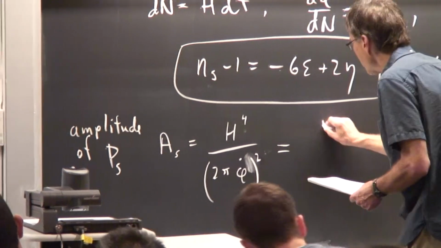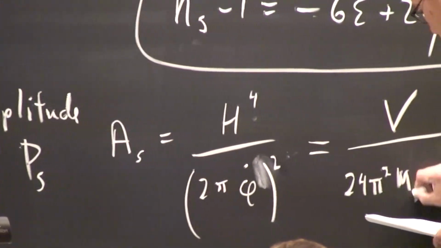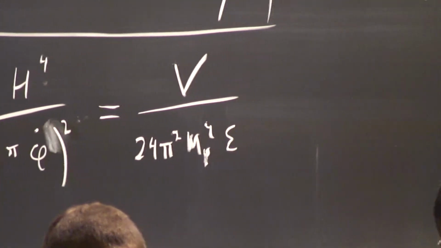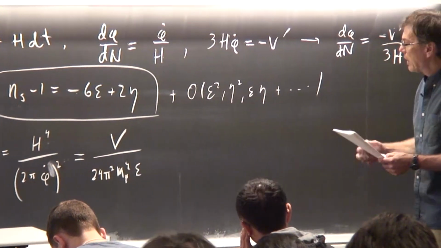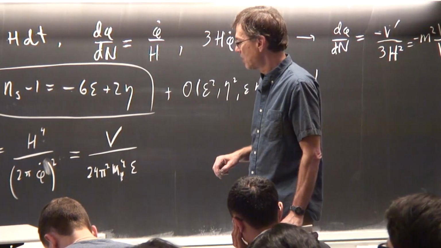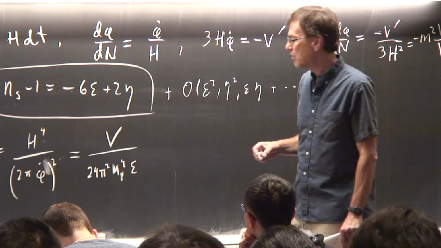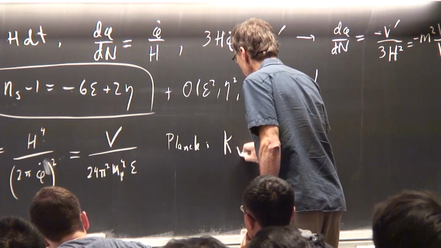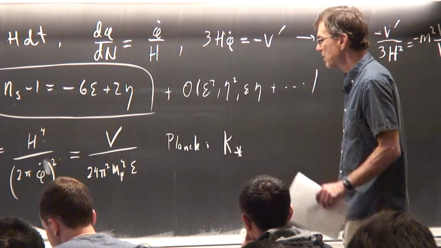And so you can write this as V over 24 pi squared M Planck to the 4th, with the epsilon slow roll parameter in the denominator. Now, of course, this is a scale-dependent quantity, and so one has to specify it at some scale, and Planck chooses that scale, denoted by k star.